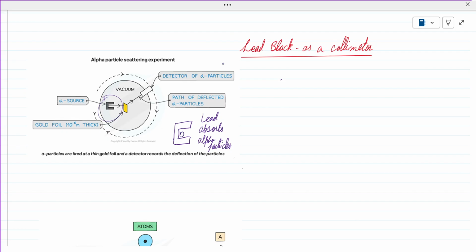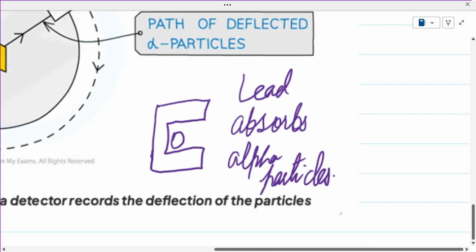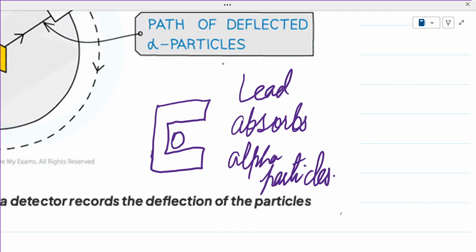Here we put a source of alpha particles. As we know, radioactivity is a random process; which nucleus is going to decay, we don't know. So the alpha particles will be emitted randomly.